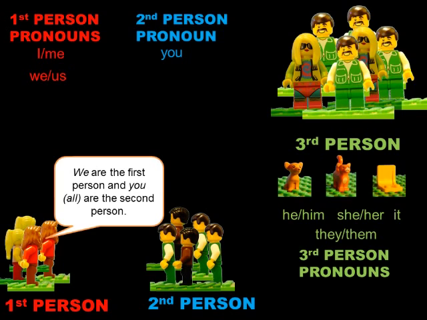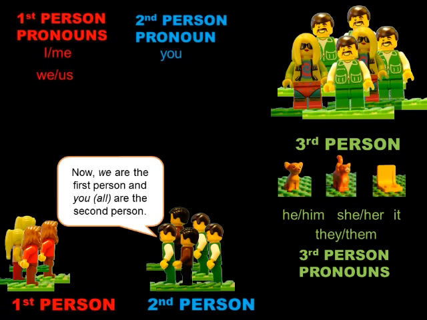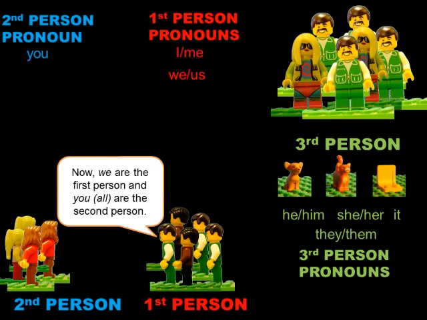Remember that the people who are speaking are the first person, the people they are speaking to are the second person, and all the people and things in the top corner who are not part of this conversation are still the third person. Now, what happens when our men speak back to the women? Now we are the first person, and you all are the second person.